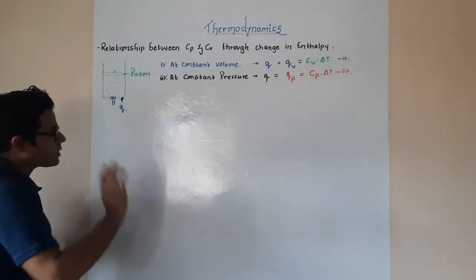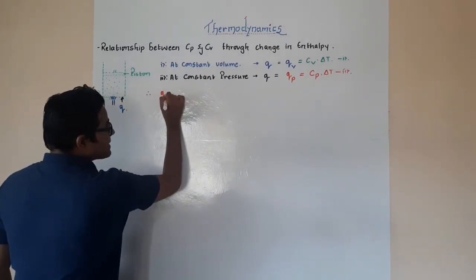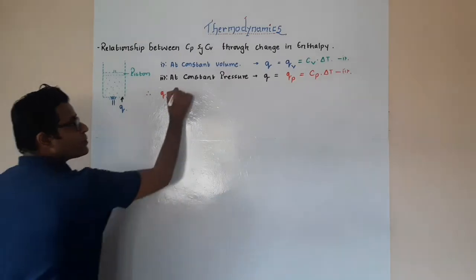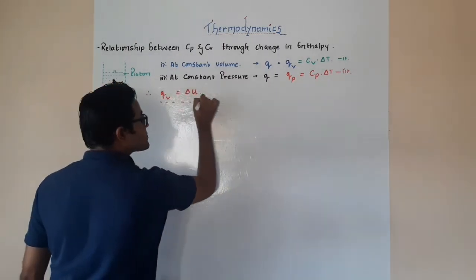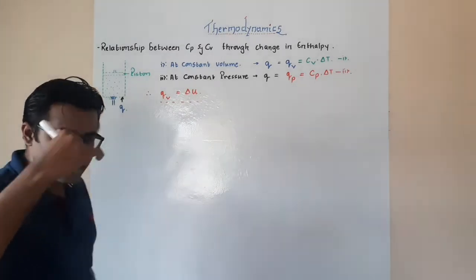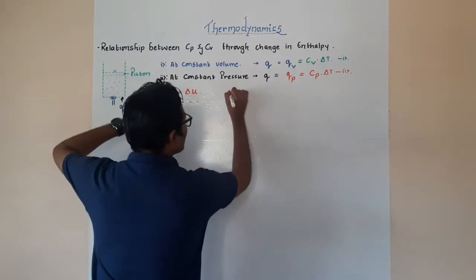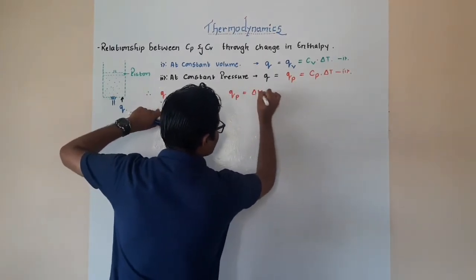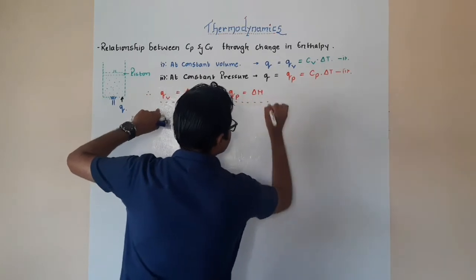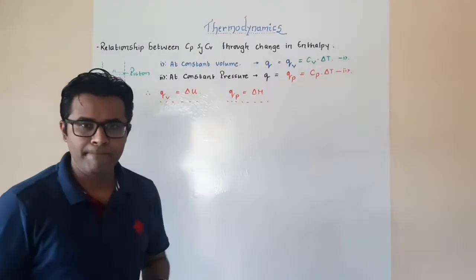Correct. So now, can we say that the heat supplied at constant volume is nothing more than the change in internal energy? This is the first point we have already deduced in our previous lectures. Now on the other hand, what I know is the heat supplied at constant pressure will result in the change in enthalpy. Okay, so let us keep these two points ready over here.